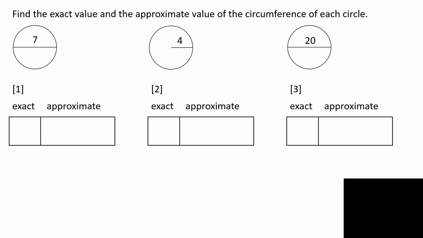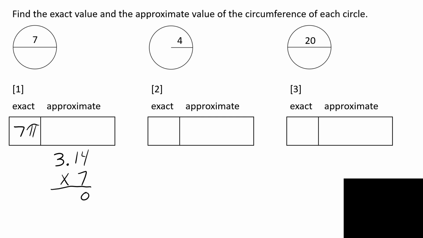Right? So for number 1, you say, hey, exact value piece of cake. The diameter is 7. The exact value is 7 pi. If I want a decimal approximation, I'll use 3.14 for pi and multiply that by 7. 7 times 4 is 28.